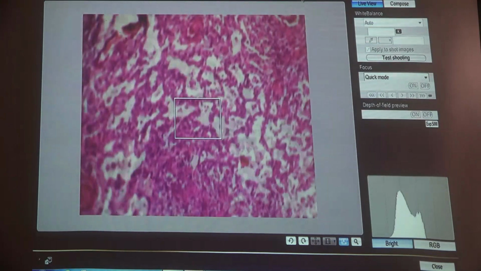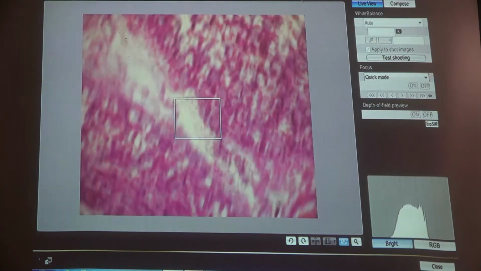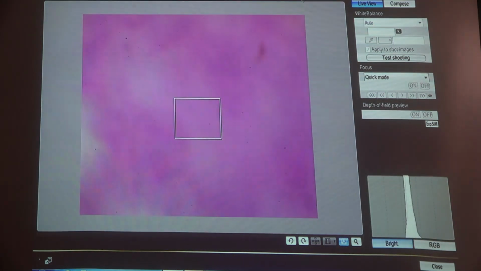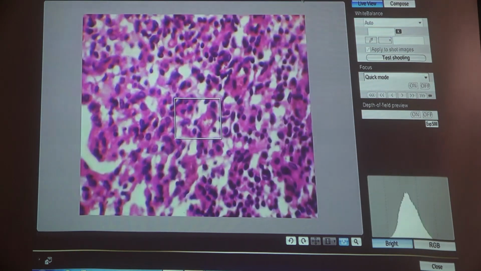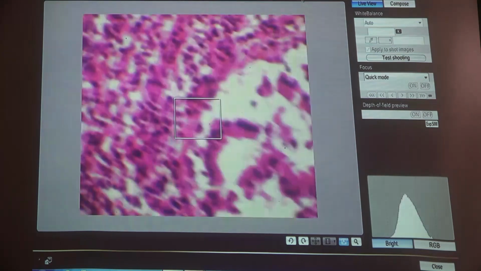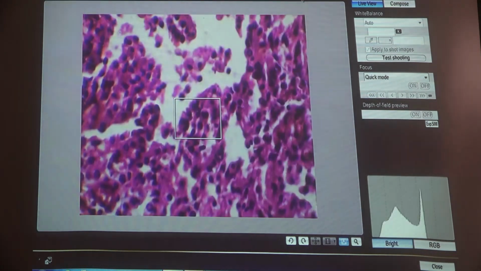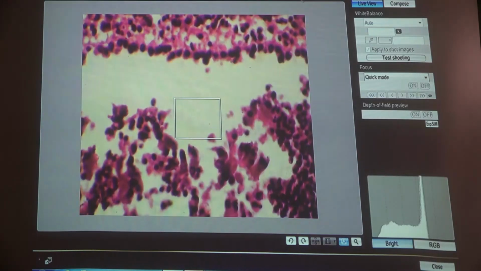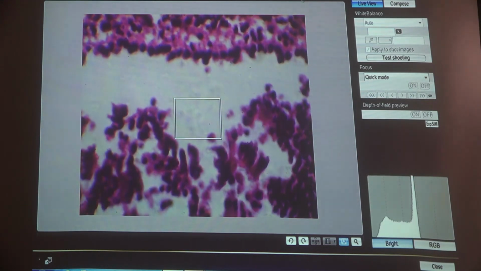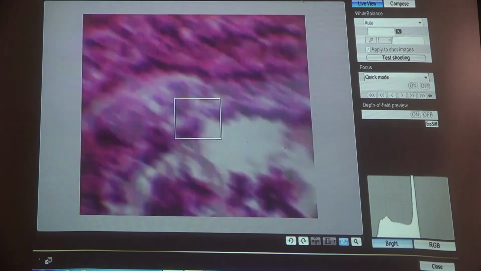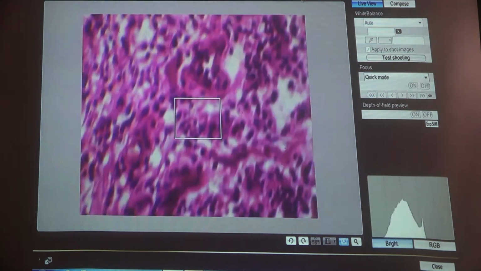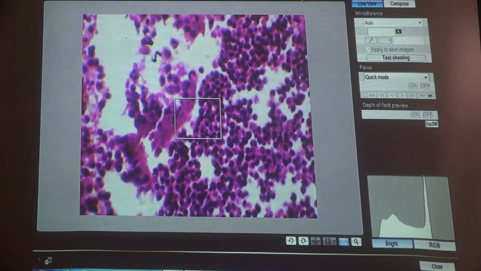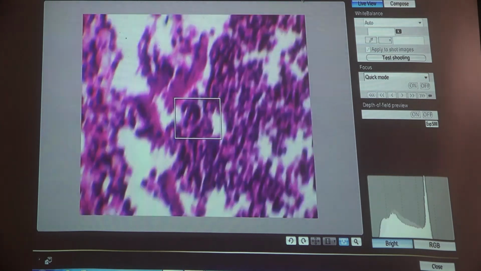These are alveoli and filled with acute inflammatory cells, in addition to some inflammatory cells like lymphocytes, acute and chronic inflammatory cells, neutrophilic aggregates, neutrophil and lymphocyte and histiocytes.